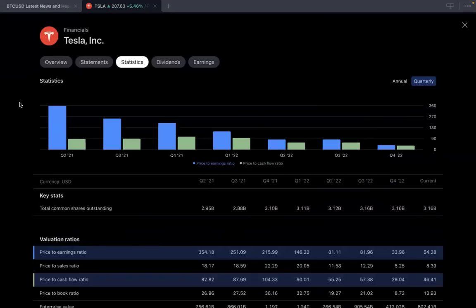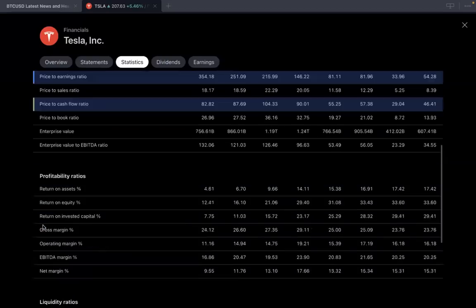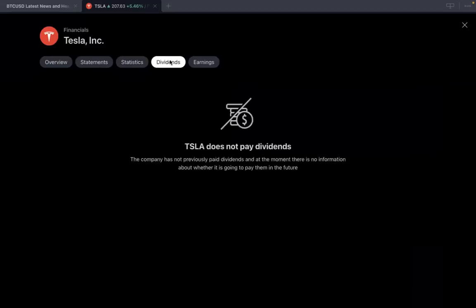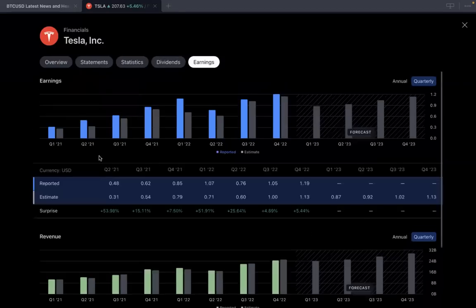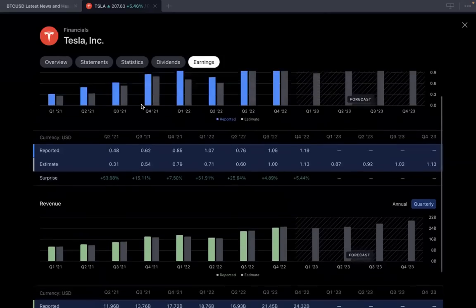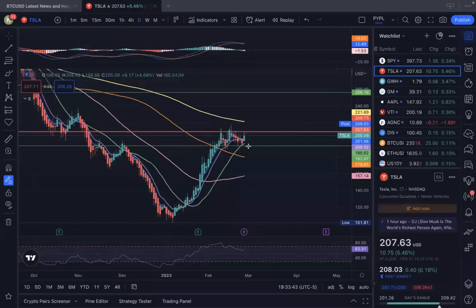Like I'm not using anything else. But let me go here. Statistics. Obviously, there's not going to be anything under dividends, and then earnings. There's your earnings, and then you can do annually or quarterly. So we're going to exit out of here.